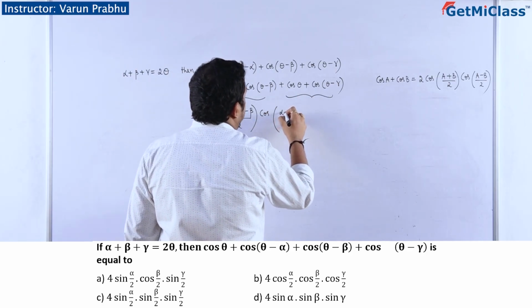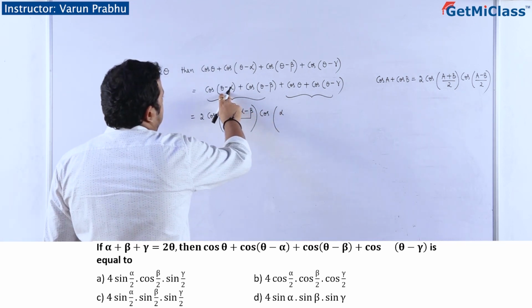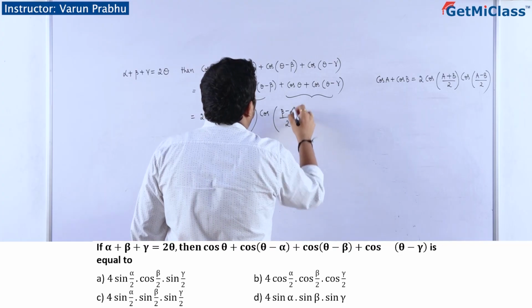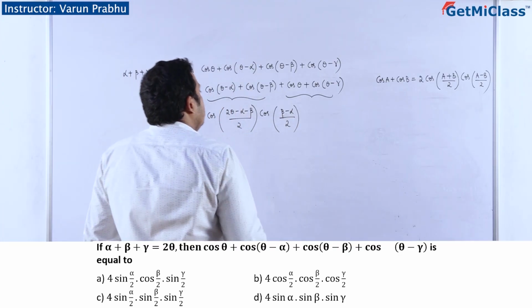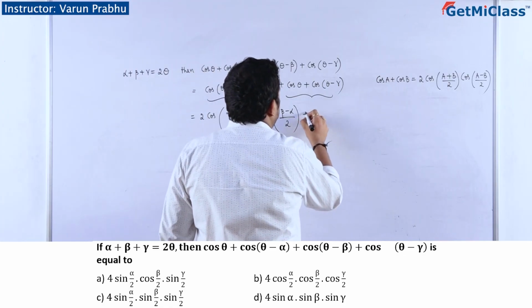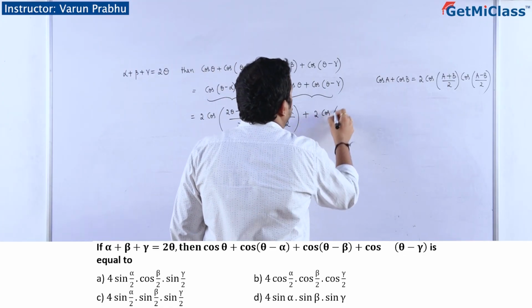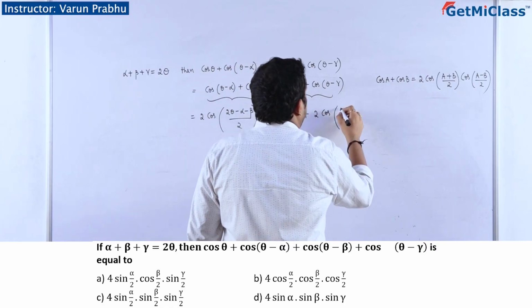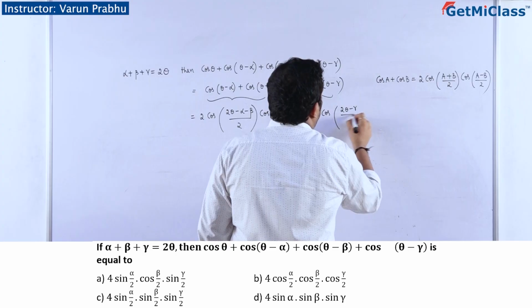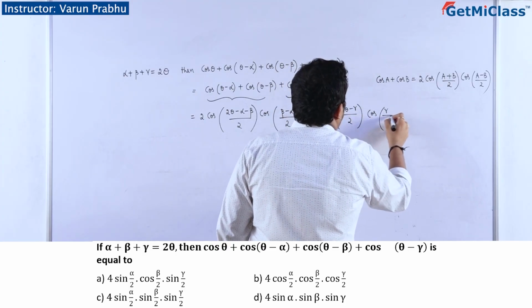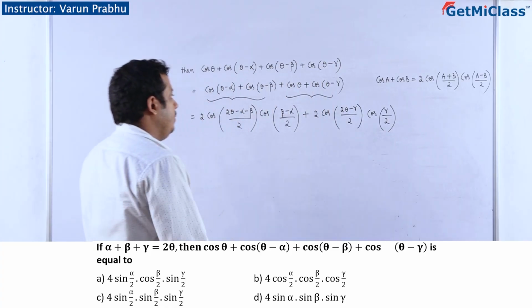A minus B divided by 2 can be written as beta minus alpha divided by 2, plus 2 cos of (A plus B) divided by 2, which is 2 theta minus gamma divided by 2, into cos of gamma divided by 2, right?